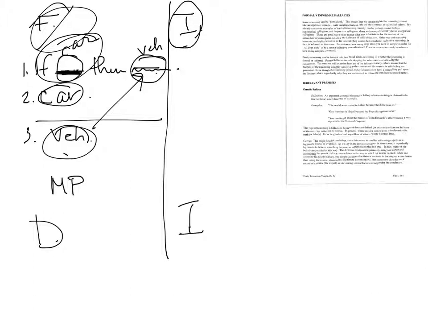The illustration that I give in the lecture notes is about making a generalization on the basis of a certain sample set. So let's say you see a certain dog, and that dog 1 barks. Another dog, D2, also barks.